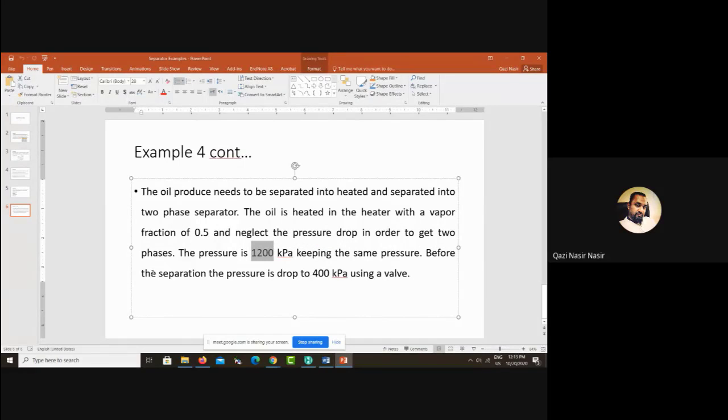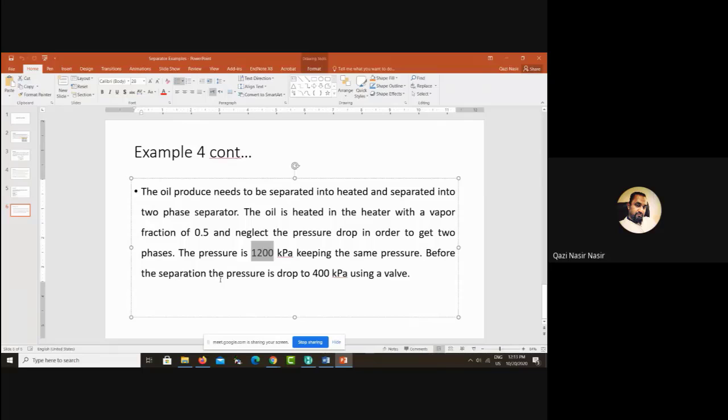Before the separation, the pressure drop is 400. From here, the pressure is 1200 kilopascal, keeping the same pressure.